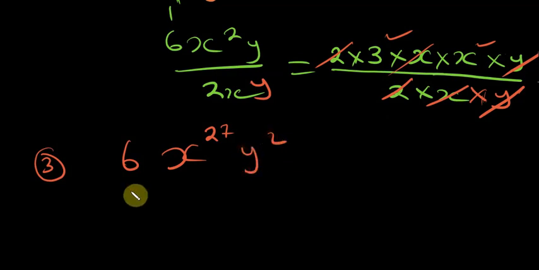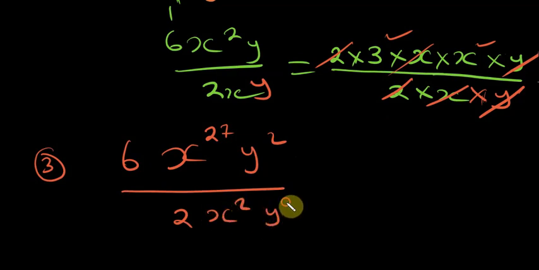For something like y squared divided by 2x squared y squared, that's why you'll have to just use this method. 2 and there is what?